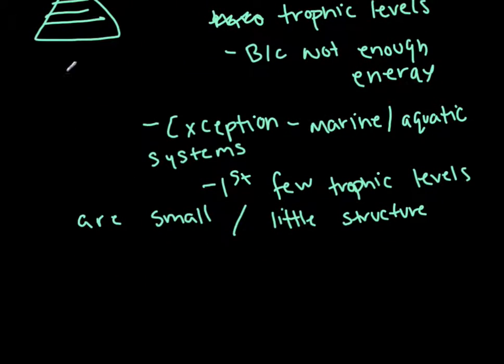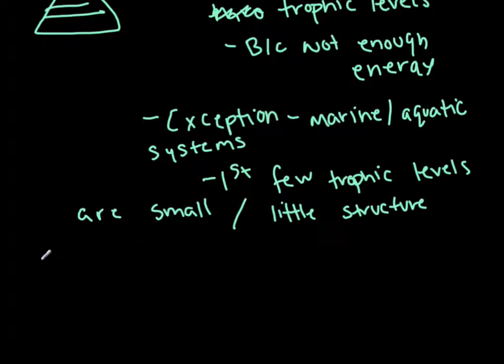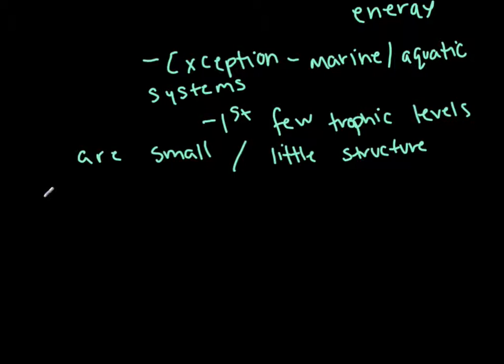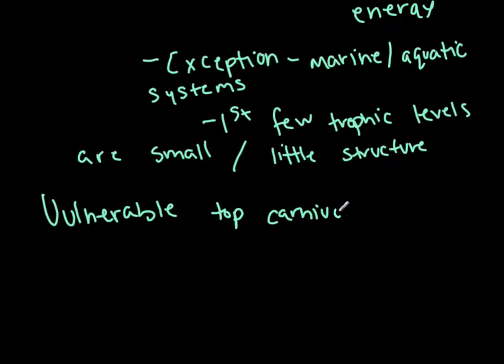But when you look at our pyramid shape, when you think about that very top, you have very vulnerable top carnivores. If the smallest thing goes wrong, all of their available energy can disappear.